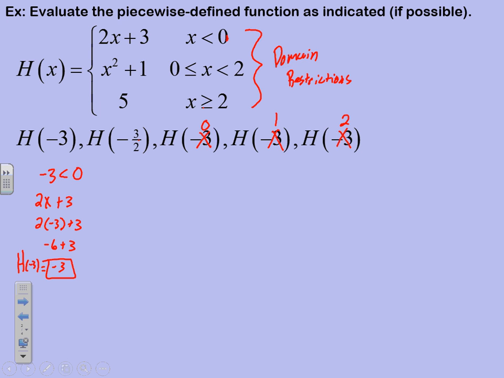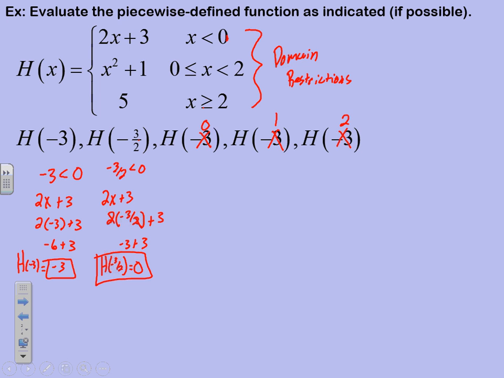So I would say 2 times -3 over 2 plus 3. Here the 2's simplify, so I have -3 plus 3, which gives me 0. So h of -3 over 2 is equal to 0.